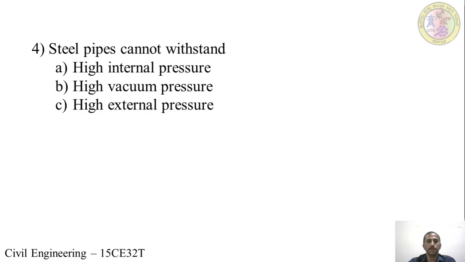Question 4. Steel pipes cannot withstand A. High internal pressure, B. High vacuum pressure, C. High external pressure. Answer is B. Of the three, it cannot withstand high vacuum pressure.